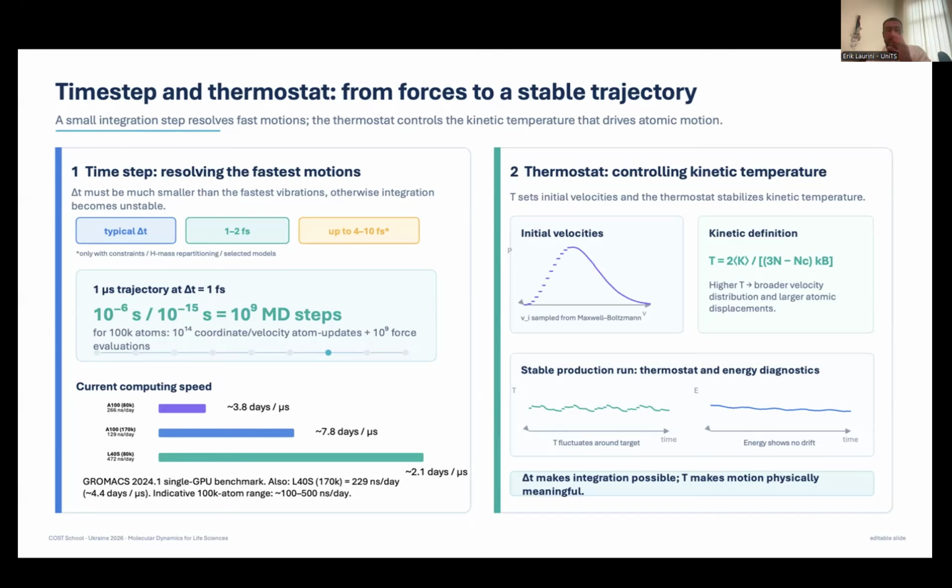Keep in time, okay, another important parameter that we have to take into account during molecular dynamics is temperature, because temperature is directly connected to the kinetic aspect. Temperature will drive the motion of the atoms, so it will give exactly the kinetic term through the Maxwell-Boltzmann distribution.